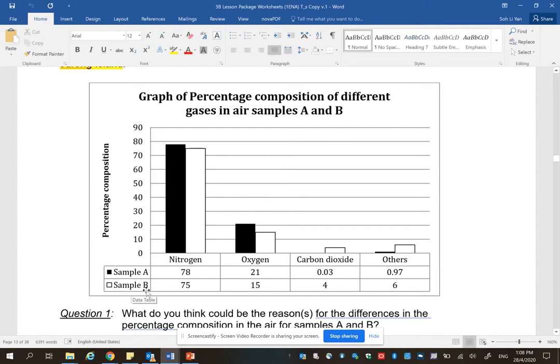Sample B from Jurong Island, the polluted air, nitrogen is 75%, oxygen is only 15%, and carbon dioxide is actually 4%. It's more than the air from the nature reserve. And other gases, can be other chemical types of gases, poisonous gases, comprise 6%.